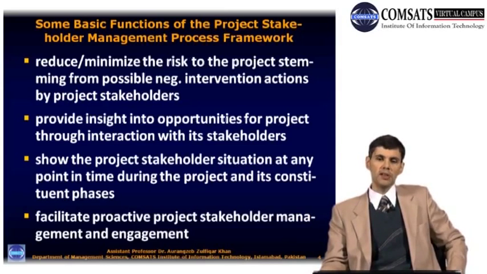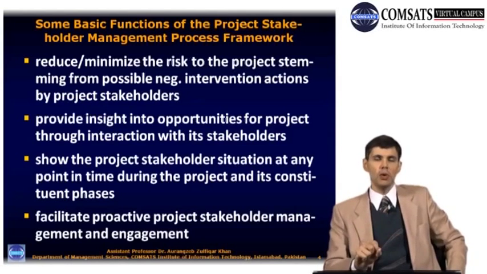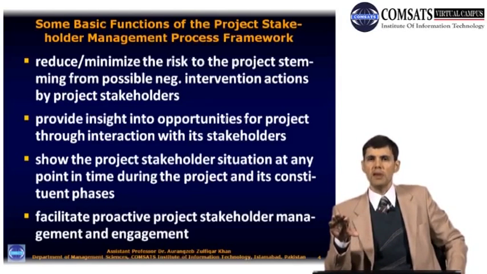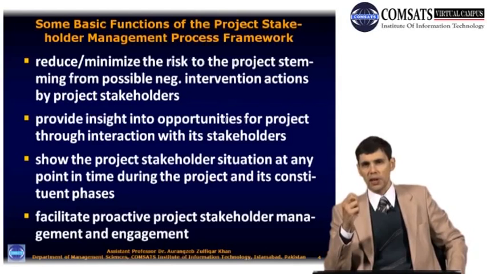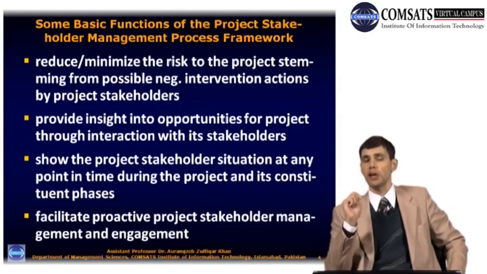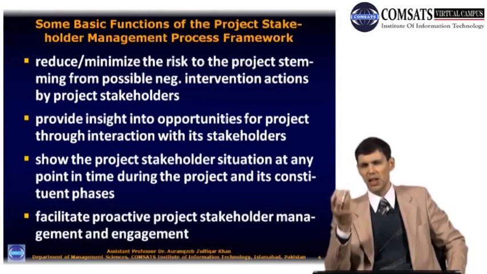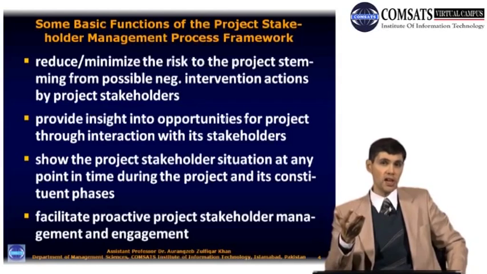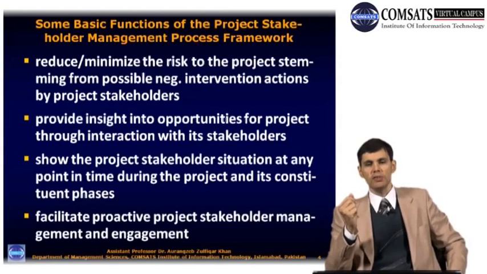Well, what this framework does is it looks at the different stakeholders, it identifies them, identifies their attitudes and behaviors. What is the reason for their attitude and behavior? If a stakeholder is against your project, why is the stakeholder against your project? There must be some underlying reason for that. The same way, if a stakeholder supports your project, there also is some underlying reason for that.